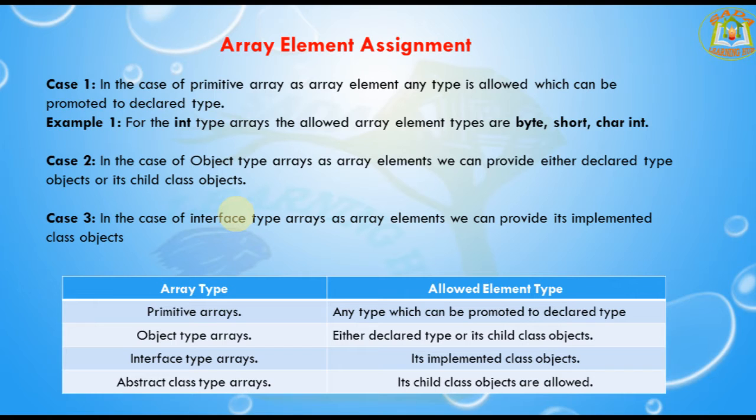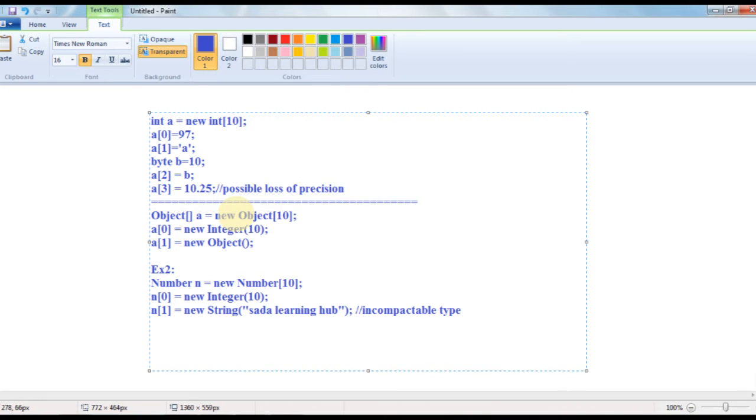Case number 3. In case of interface type arrays, as array elements we can provide its implemented class objects. For example, I can show one example for you guys. Runnable r is equal to new Thread.